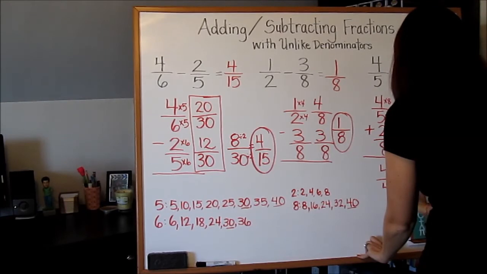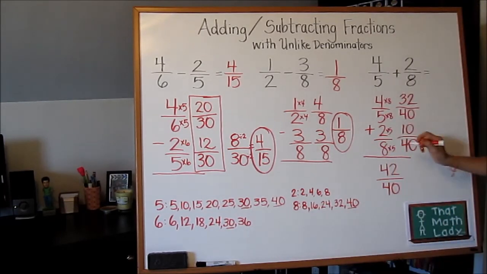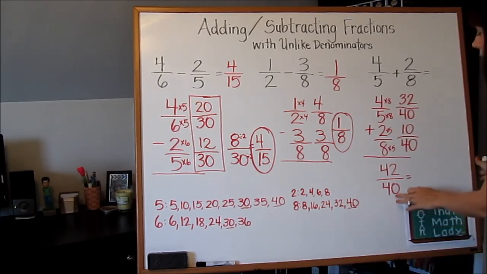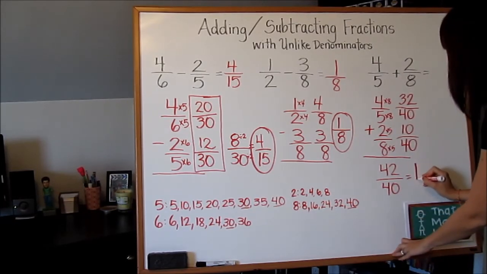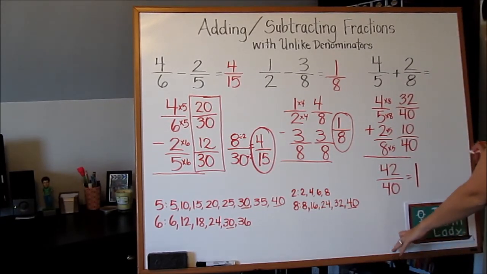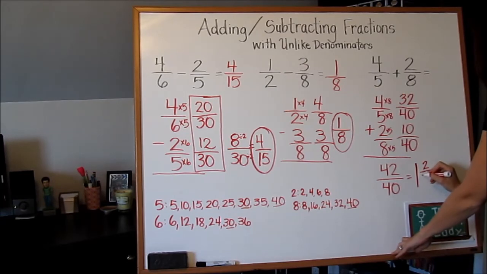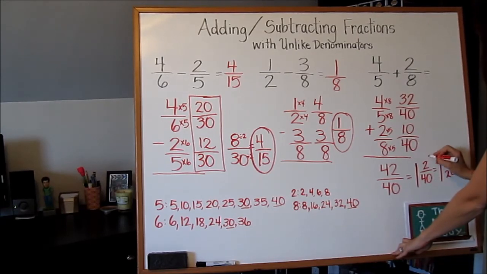Over 40. And when we have a bigger number on top than we do on bottom, that means we have a mixed number or an improper fraction. So to figure out what this is going to be, I'm going to divide my denominator into my numerator. 40 goes into 42 one whole time with 2 remaining over 40, which equals 1 and 1/20th, because I know that 2 goes into both 2 and 40.